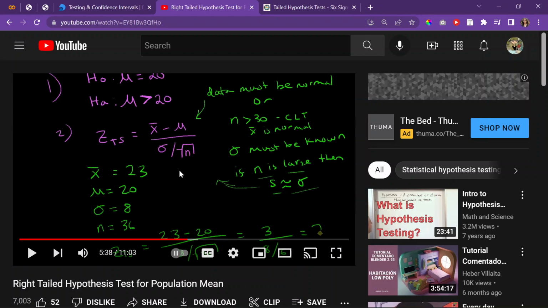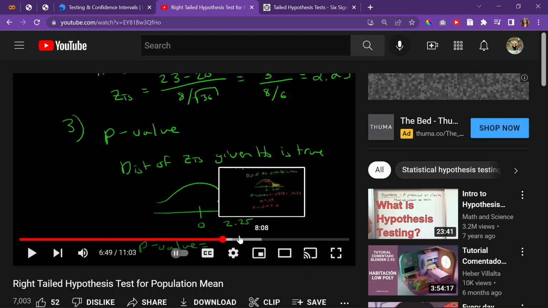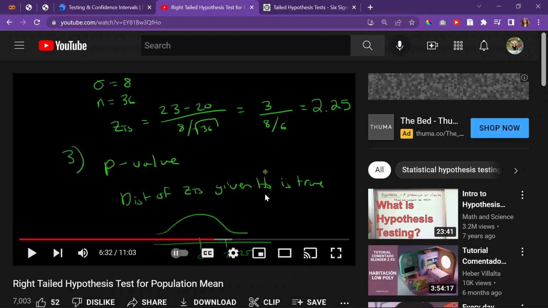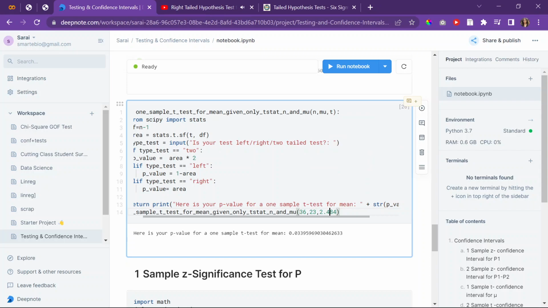Why is it a Z? It's not supposed to be Z. What is it? The test statistic is 2.225.